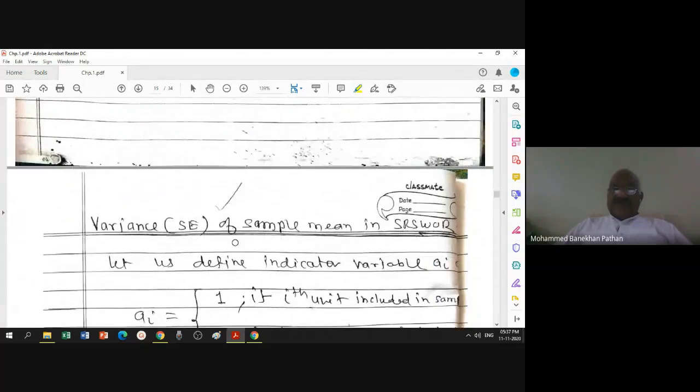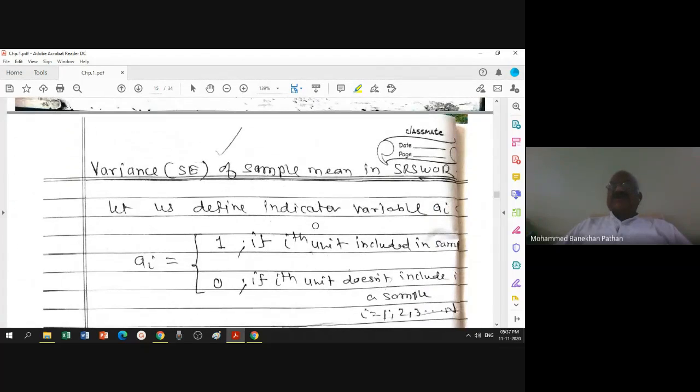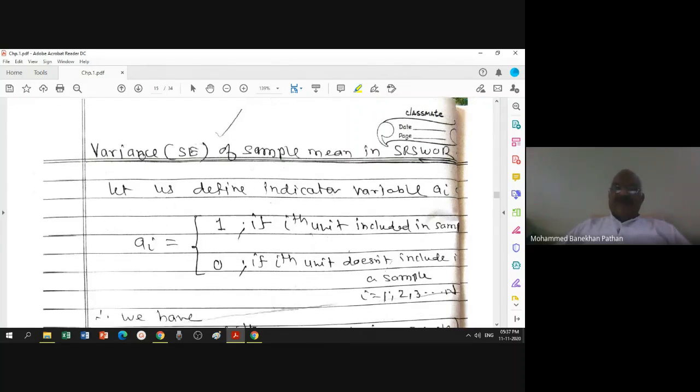This is the end of the topic: what is the variance of the unbiased estimator of population mean if your sampling method is with replacement. Now the same topic, variance, sometimes standard error of sample mean, but the method is without replacement. If you change your method, what will be the variance of the sample mean? What is another name of sample mean?